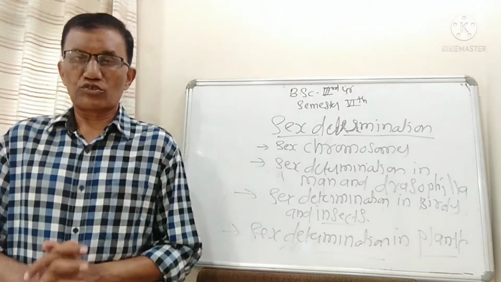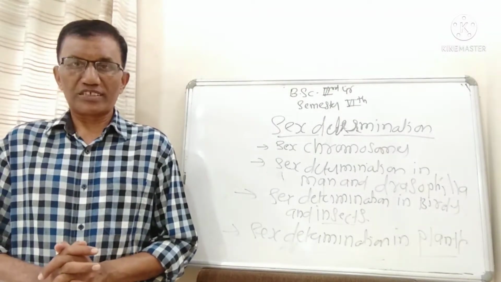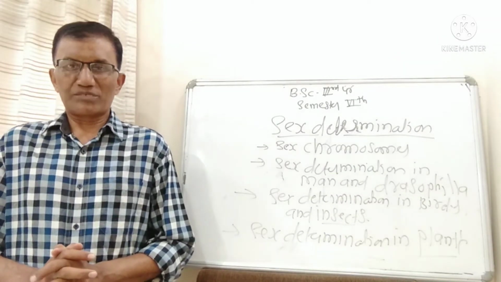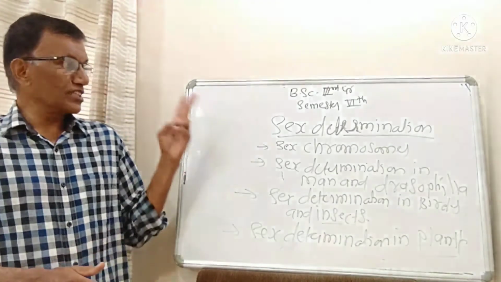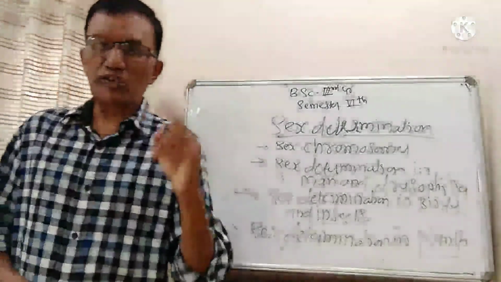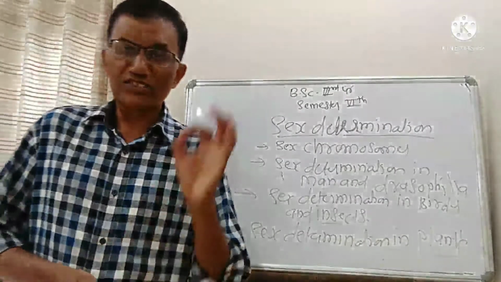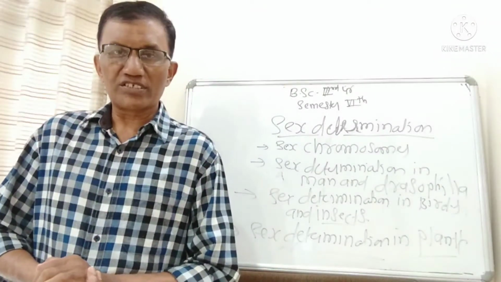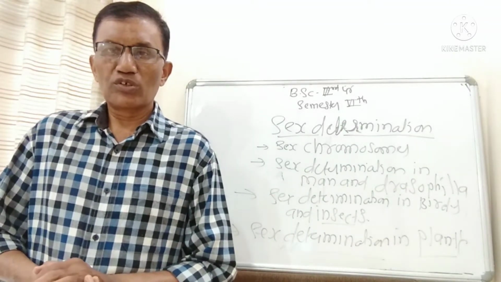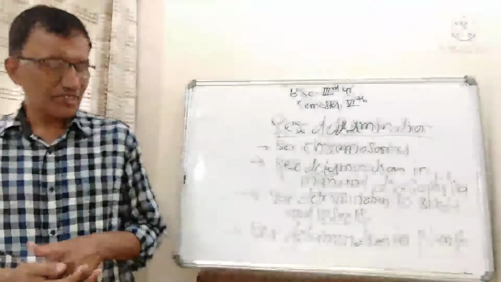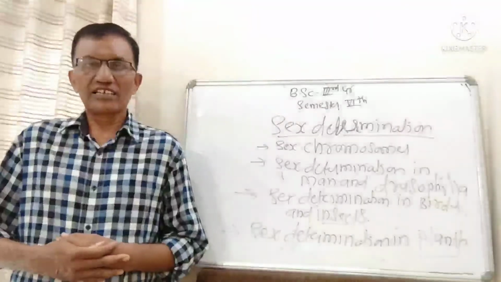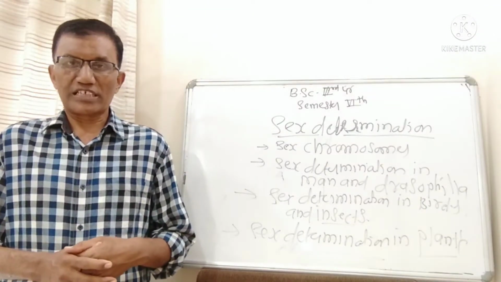The autosomes also play an important role in the determination of sex. So these two theories, the chromosomal theory of sex determination and the genic balance theory of sex determination, have given clear-cut ideas regarding the sex determination of particular individuals.